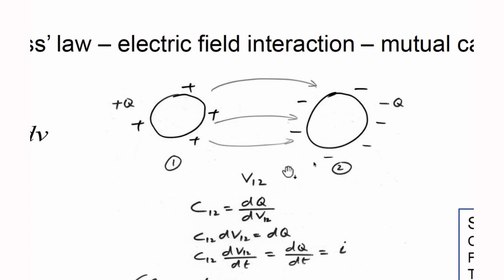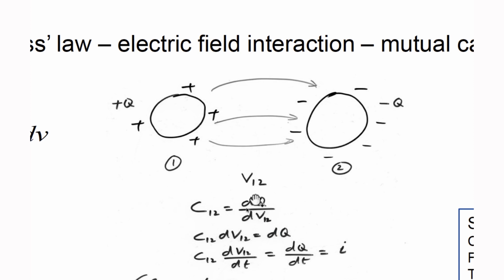And there is a potential difference between them expressed by V12. So the capacitance between them in circuit theory is defined as C12 equals the rate of change of Q with respect to V. So this is the definition of mutual capacitance.